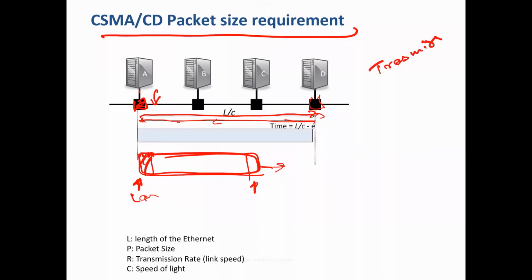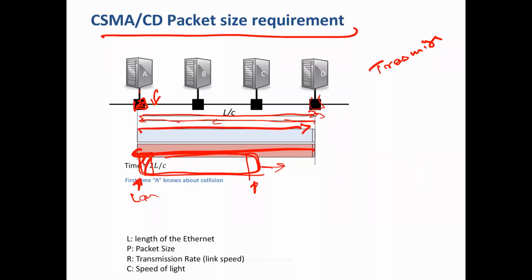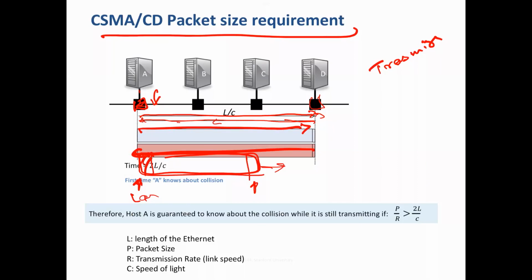All right. So from this you can derive what the minimum length of a packet should be for a collision to be detected. The signal goes to the end and comes back, and at that point in time you can find it out. So you can easily see the formula: P/R has got to be greater than 2L/C. P is the packet length, the frame length. R is the rate at which you can transmit bits onto this cable.